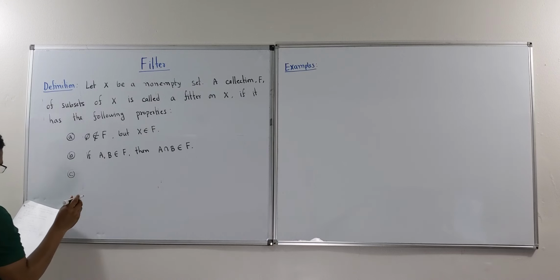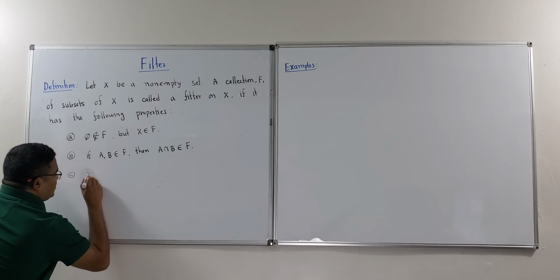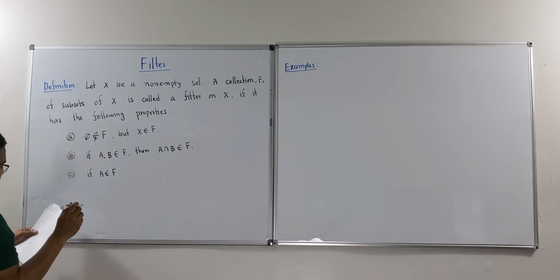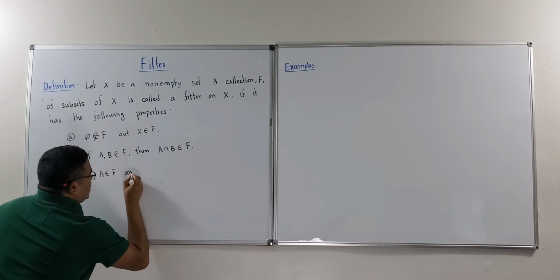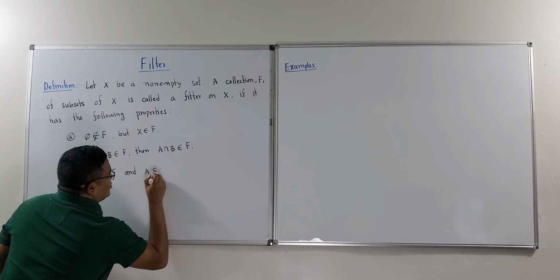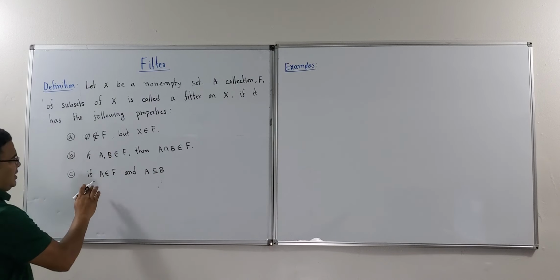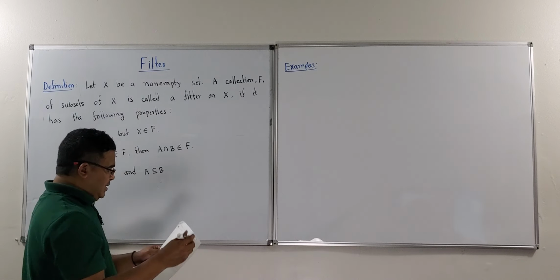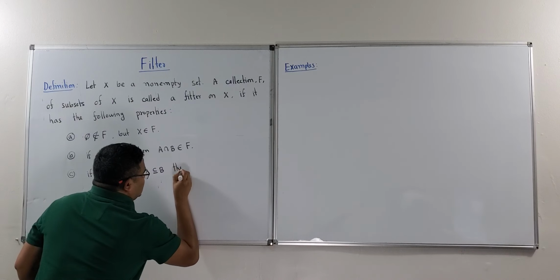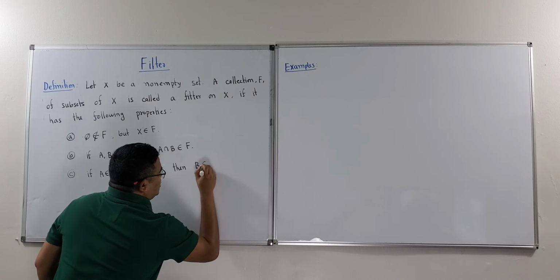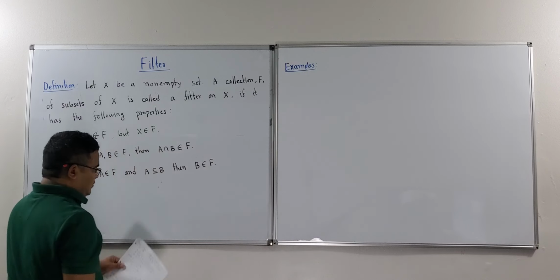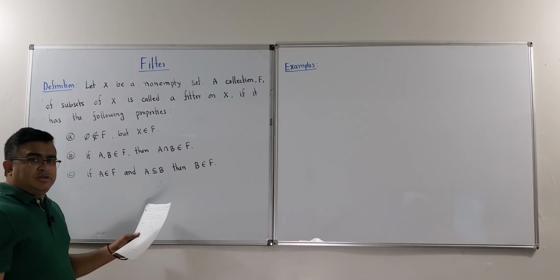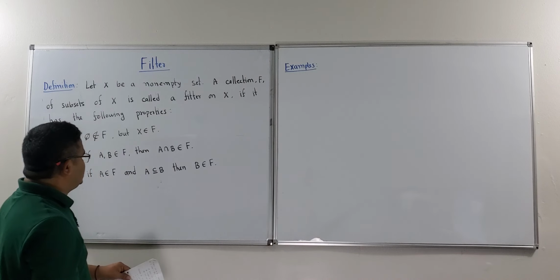And the third property is, if A is an element of F and A is a subset of B, then B also would be an element of F. This property is called upward closed.